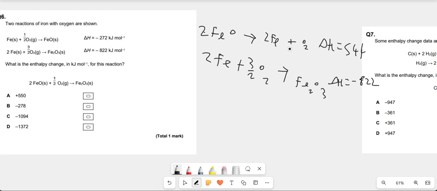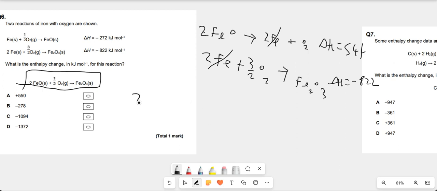But just look at what happens here as well. I want this to be the final reaction. Now watch this. 2Fe cancels with 2Fe, because this is on the left-hand side of the arrow and it's on the right-hand side of the arrow. So when I combine it, these two will cancel. Now, let's write everything on the left and everything on the right.